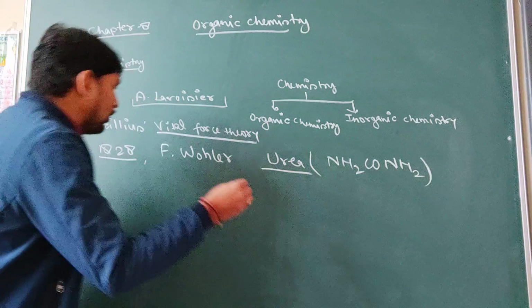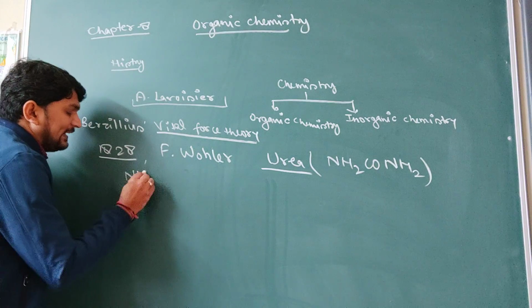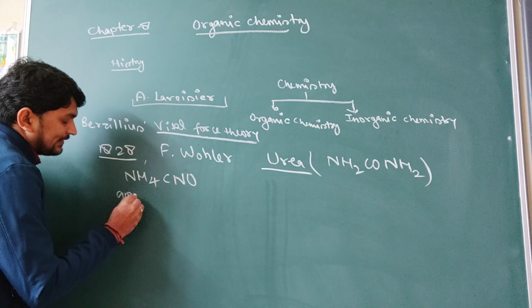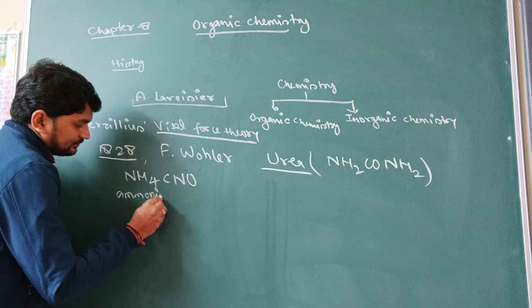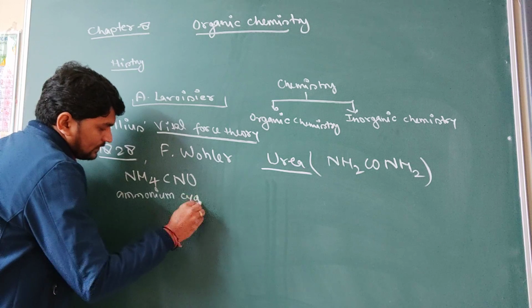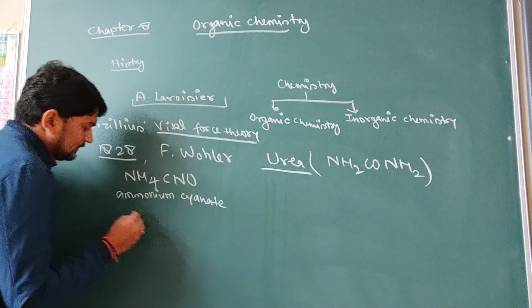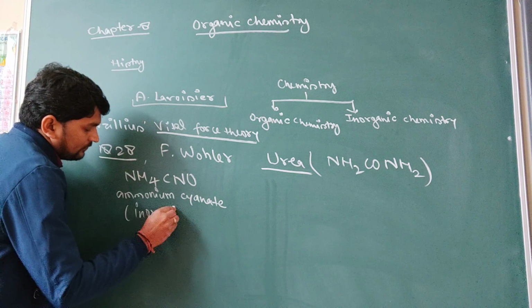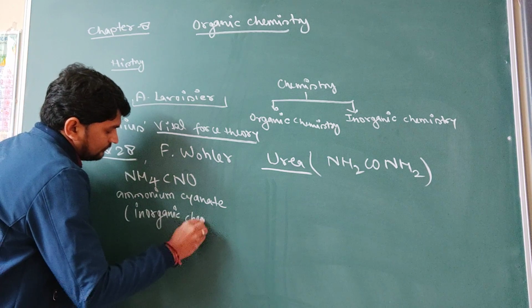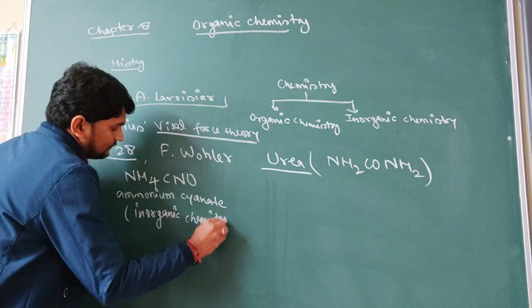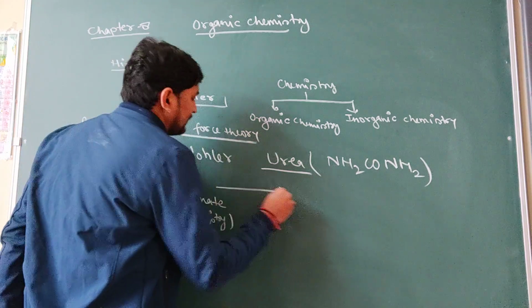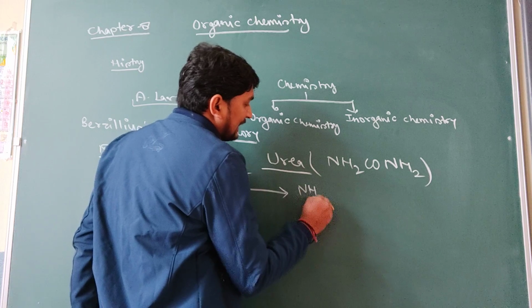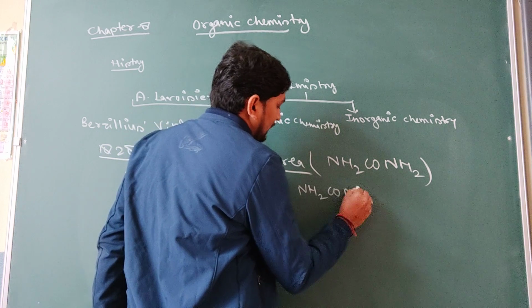Clear? How did he prepare it? He took ammonium cyanide, NH4CNO. Its name is ammonium cyanide, and it is an inorganic compound. And after heating, he got the organic compound urea, NH2CONH2.